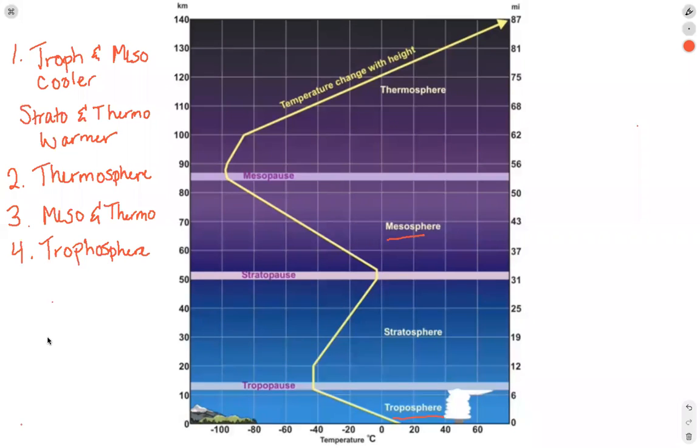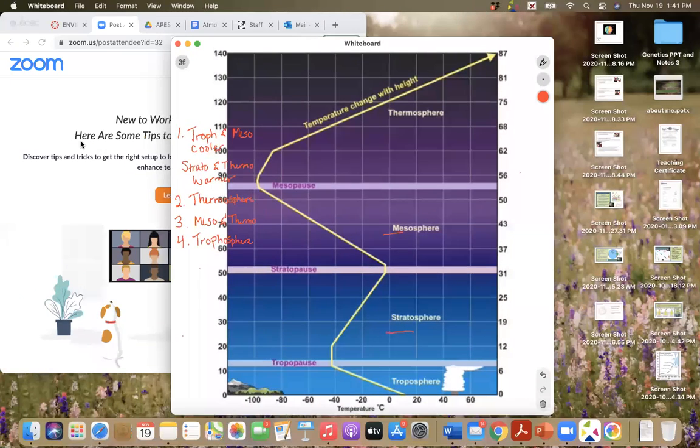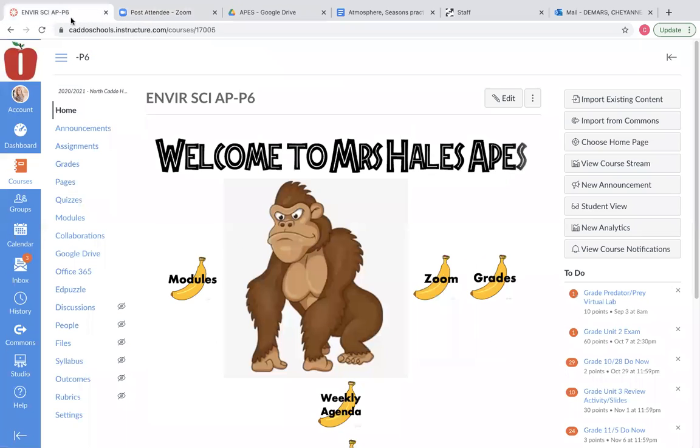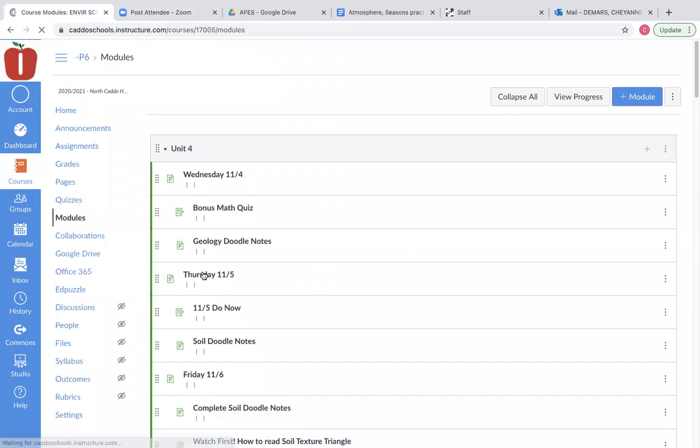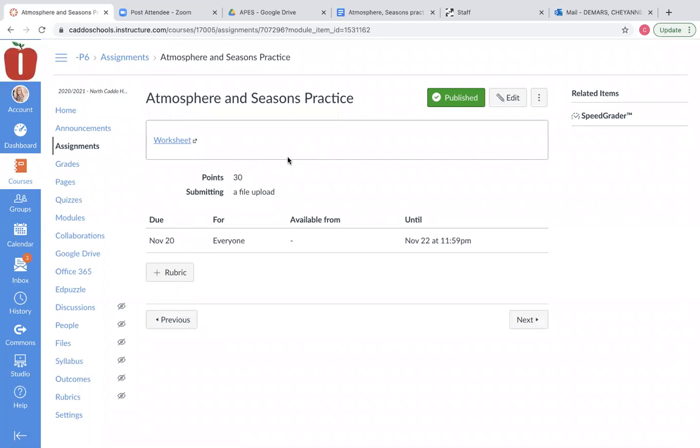All right, once you've got all of those typed on your do now and submitted, take out your atmosphere science doodle notes because those will be very helpful for today. Have those where you can look at them. And then pull up from Canvas this worksheet where it says atmosphere and seasons practice.